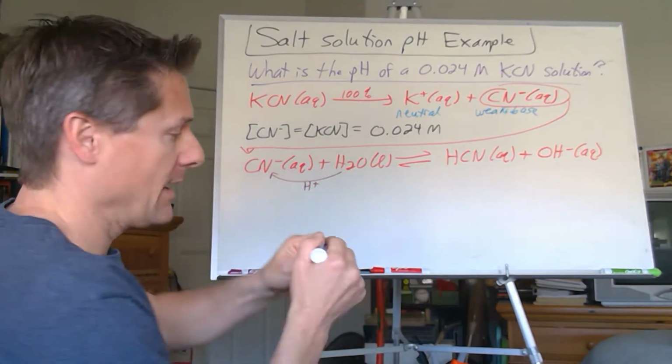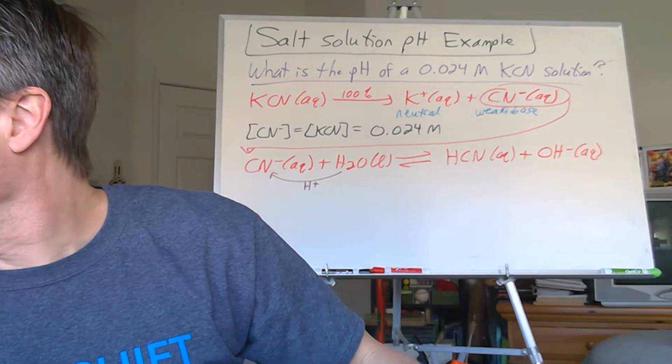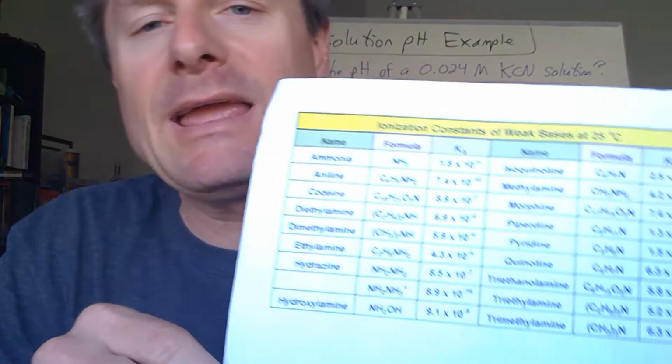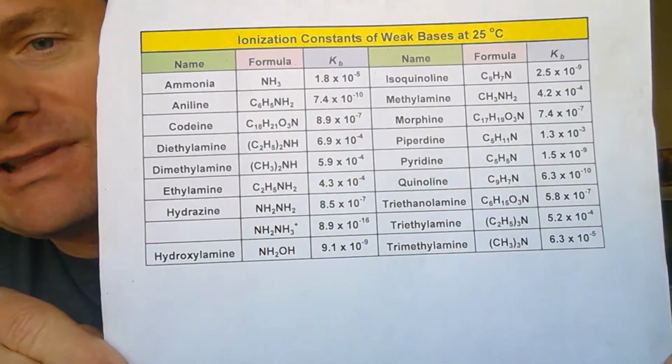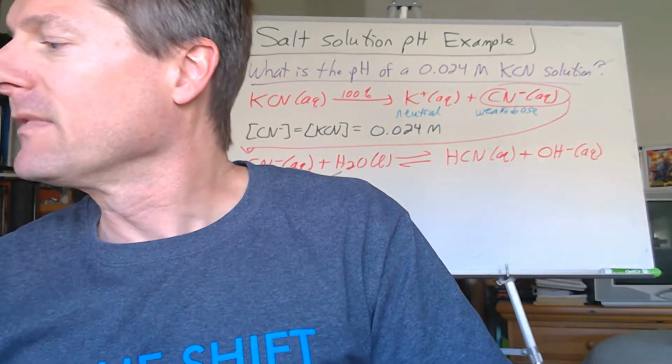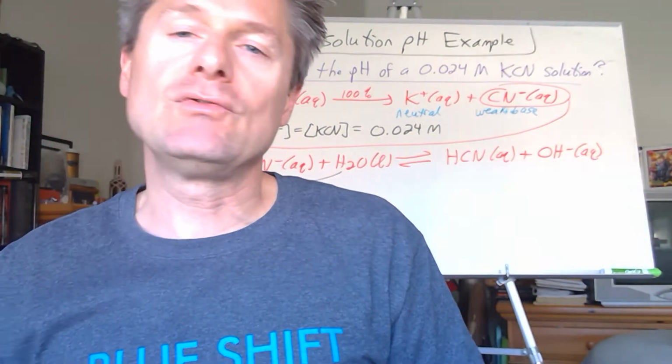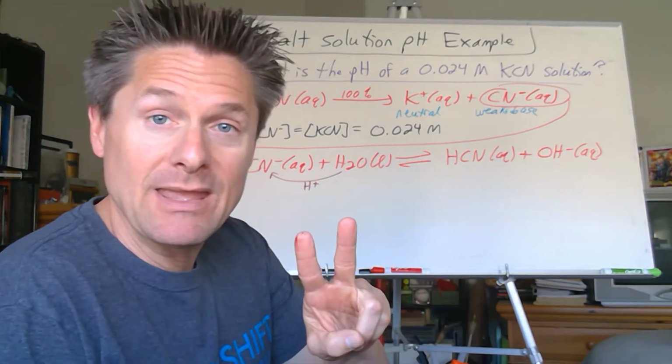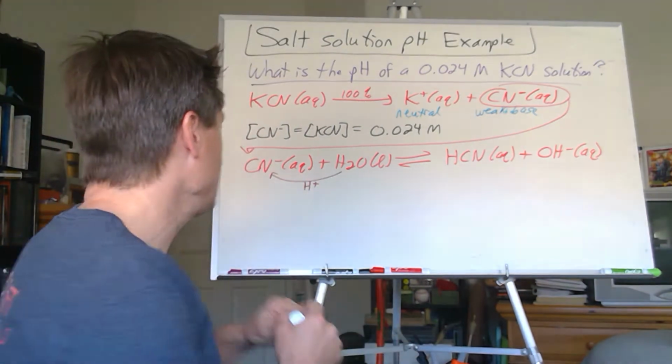Kb, and again, if you look for it, let me find my Kb table. So here's my Kb table again. There is no cyanide ion on there. What are we going to do? So we need to use the Ka and Kb, multiply those together, gives you Kw.